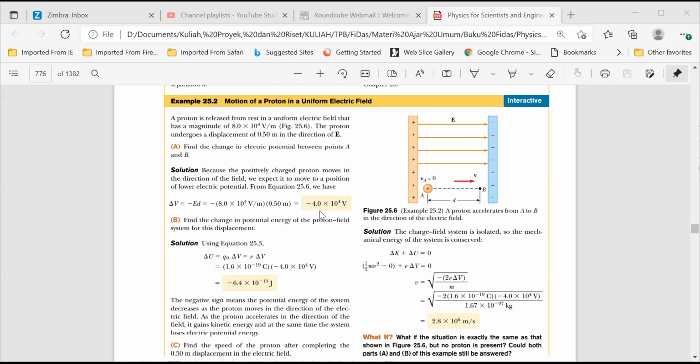So we will have delta V equals minus 4 times 10 to the 4 volt. So the question is, why is this minus?